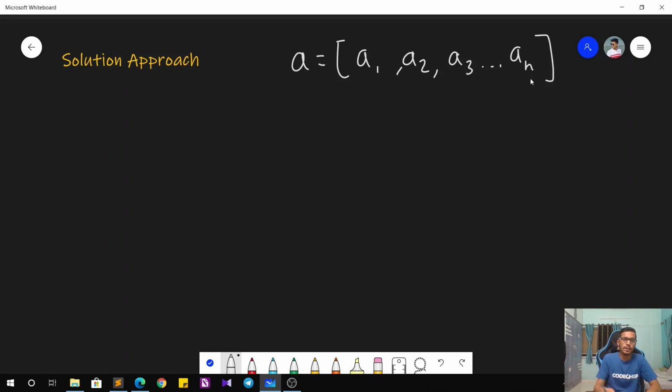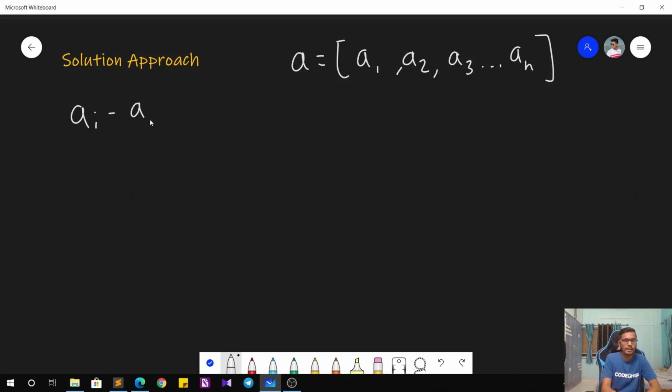The input array given to us, capital A, will contain many such subarrays. So let's solve the problem for one such particular subarray, let's call it small a. We have a total of n elements in this array. Okay, so the expression that we have looks like this.